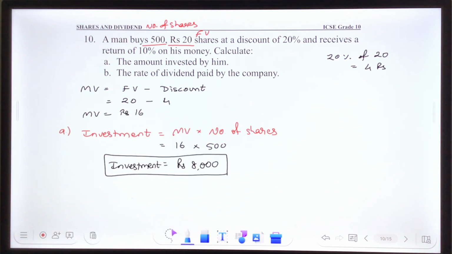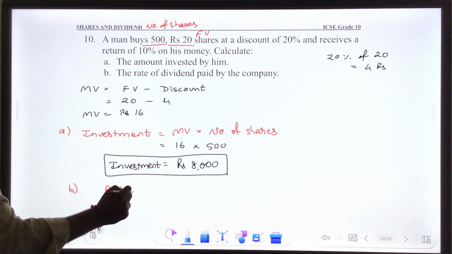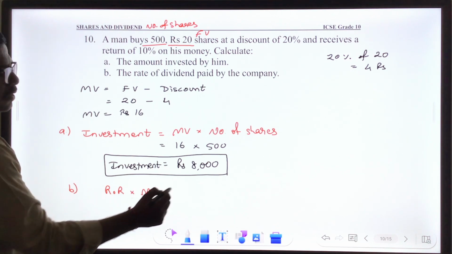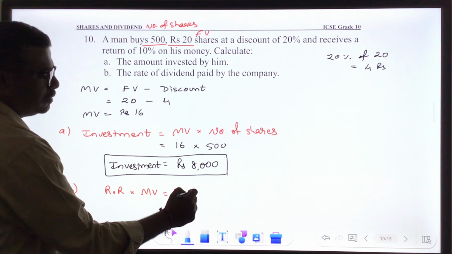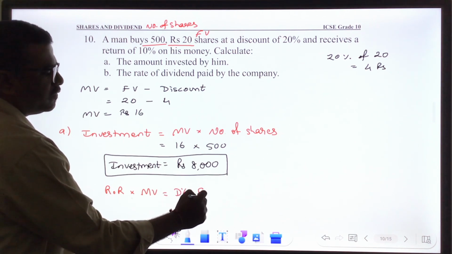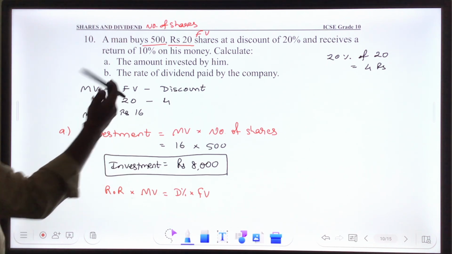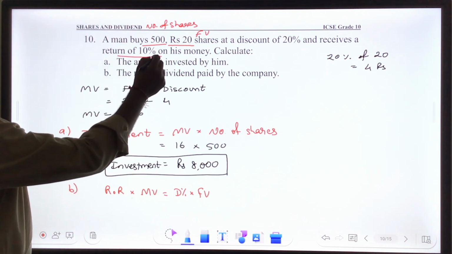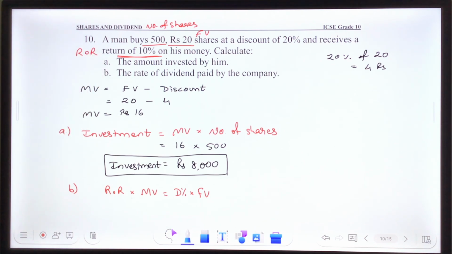Now the rate of dividend paid by the company. To calculate this, we use the formula rate of return times market value equals rate of dividend times face value. So we know that the rate of return received is 10%.